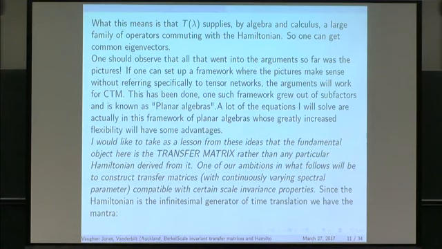We know that the Hamiltonian is the infinitesimal generator of time translation, so we have the mantra: the transfer matrix determines infinitesimal time translation. Keep that in mind. That's the message from all we've done so far. The Hamiltonian is the generator of a one parameter subgroup, which is time translation in the quantum world.